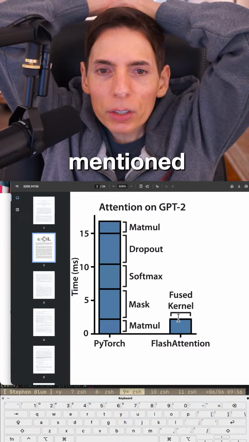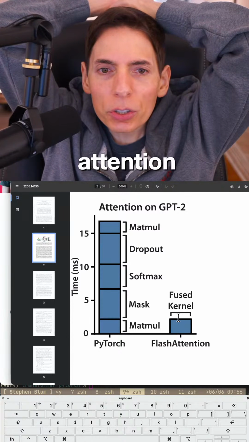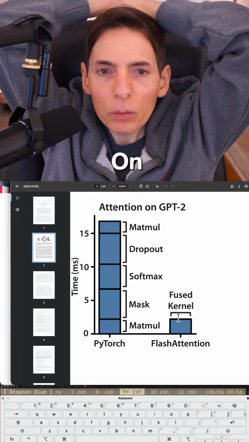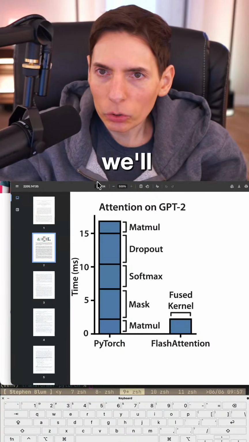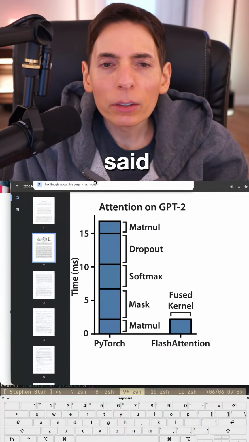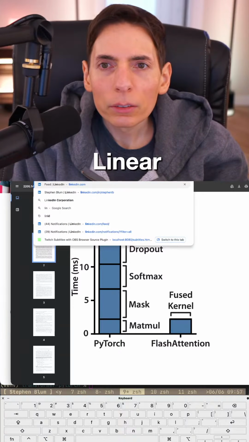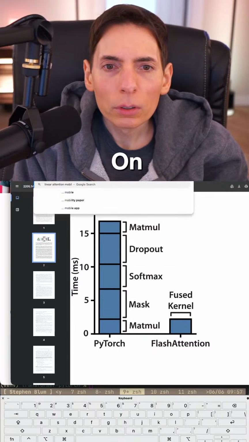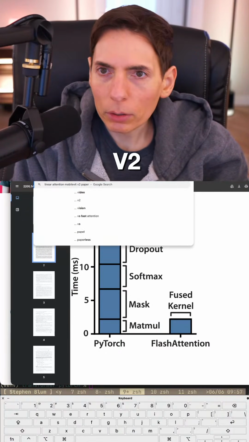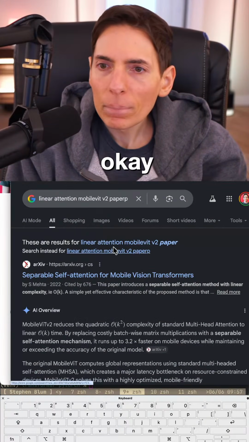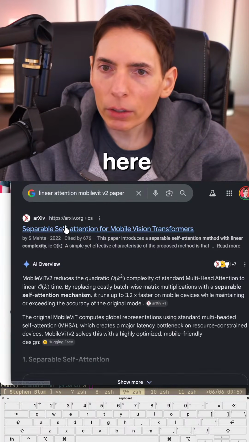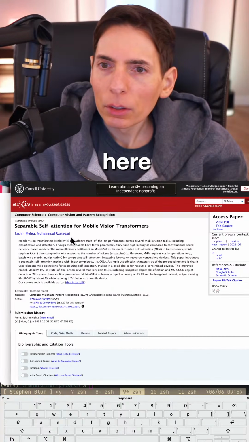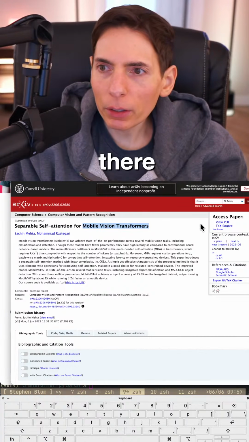I think they mentioned you can check linear attention on... Okay, let's check it out. All right, so you said linear attention on the MobileViT V2 paper. Mobile vision transformers, that's what you said right there?